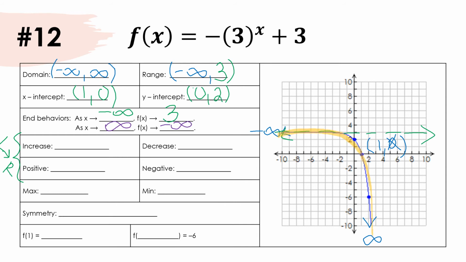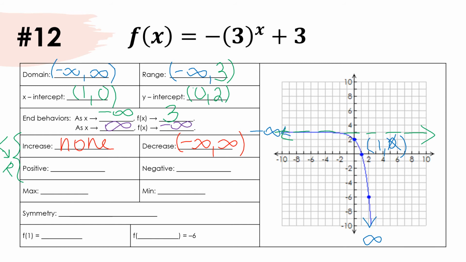So that means this is decreasing. It will never increase. So for increase, we're going to write none. And for decrease, we're going to write negative infinity to infinity. Again, it's one or the other. It will not be both. And it will not be none for both of them, because if it doesn't increase or decrease, that means it's straight and horizontal, which this is not.